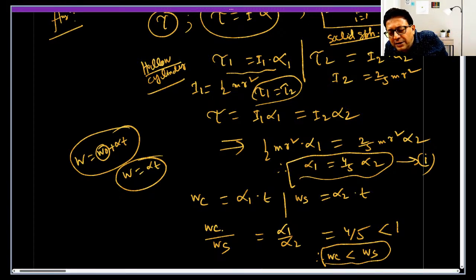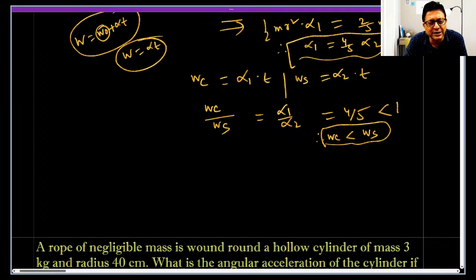The angular velocity of the cylinder will be less than the angular velocity of the sphere. Understood? We are just writing equations of motion and the formulas of rotational mechanics, whatever we have learned. Okay, go for the next one.